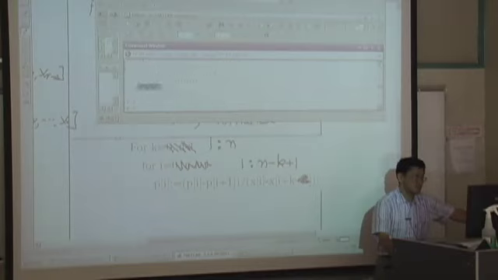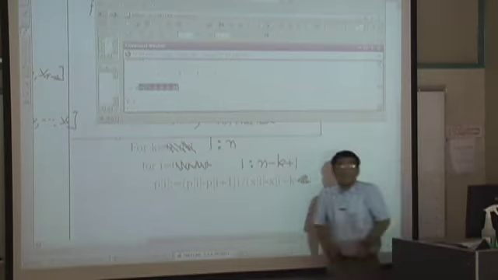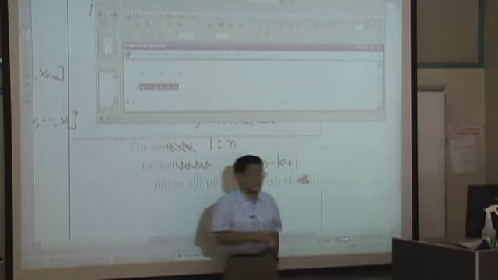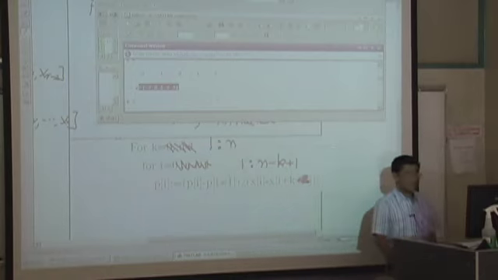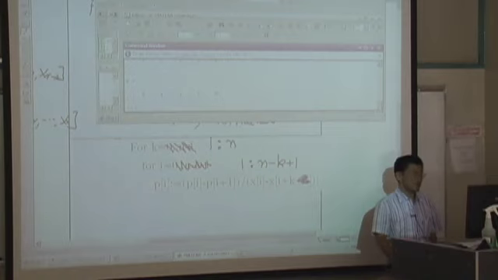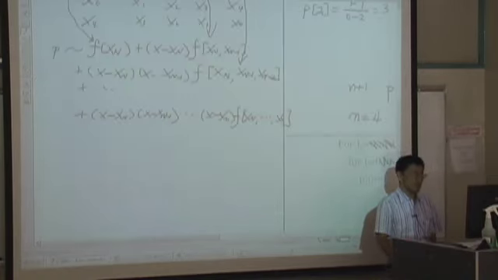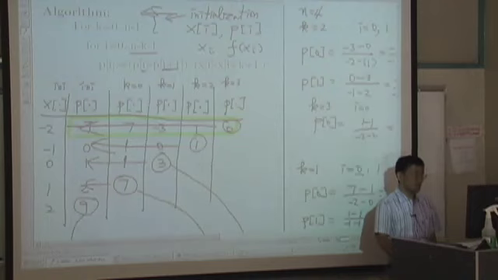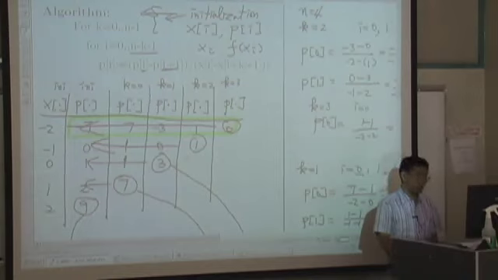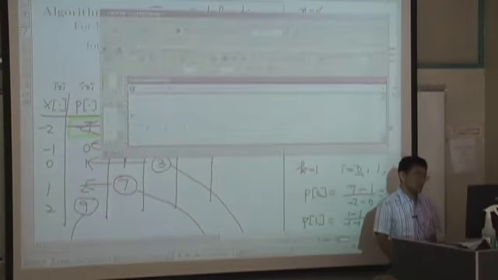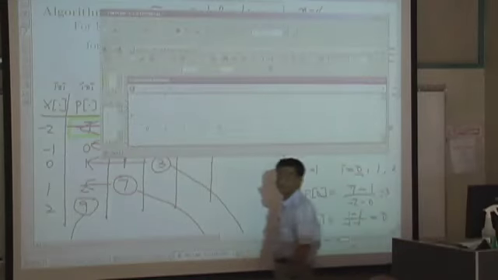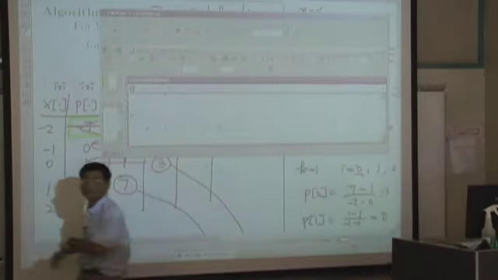I initialize P. So I initialized X, I initialized P, and then I ran it. Then I got P row. Now let's check whether my implementation is really working or not. I should get P0 equal to 0, I mean P1, P2, P3, P4, P5: 0, 1, 3, 7, 9 should be obtained. Did I obtain? Done. So implementation is done.